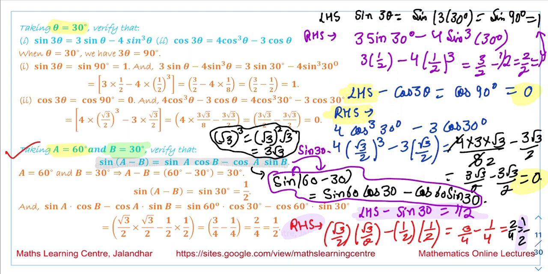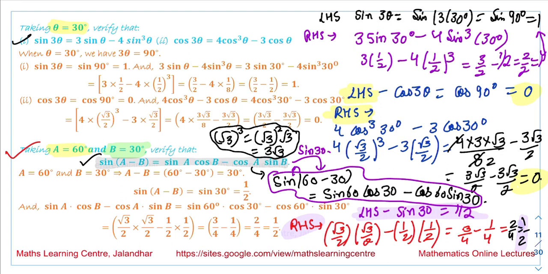One important thing to note here is that we are verifying these equalities for a particular value. It doesn't mean that these equalities hold for every value. These are basically formulas that you will study in your next classes. In class 11th, you will study these formulas and their proofs.